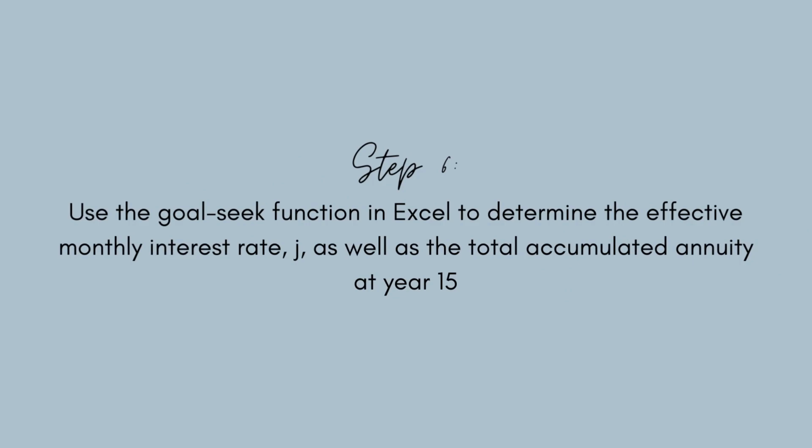Even though we've already computed the value of accumulated annuity, if you notice, the final value is not equal to the value given in the question. So we have to use the goal-seek function in Excel to determine the effective monthly interest rate J, as well as the total accumulated annuity at year 15, which is when Smith is at the age of 30.